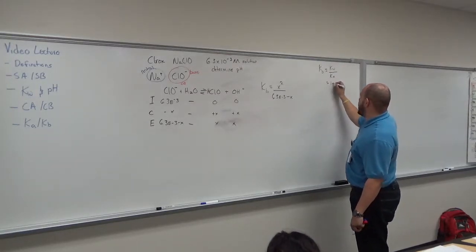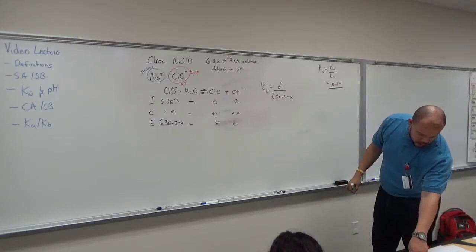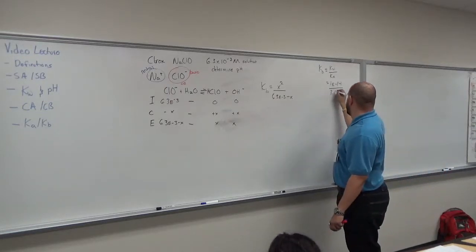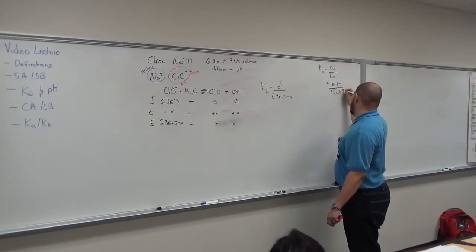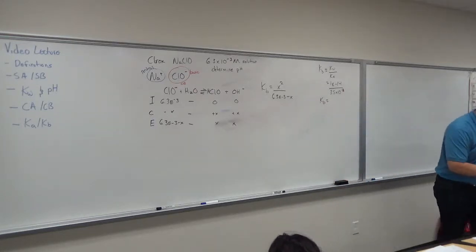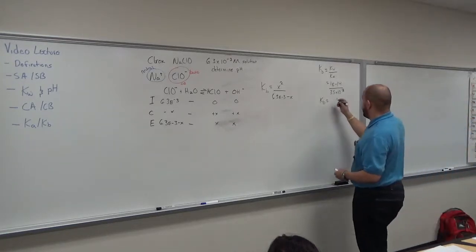And that is 1e to negative 14 divided by reference material, 3.5 times 10 to the negative 8. So Kb is equal to 2.86 or 2.9 e to the negative 7.